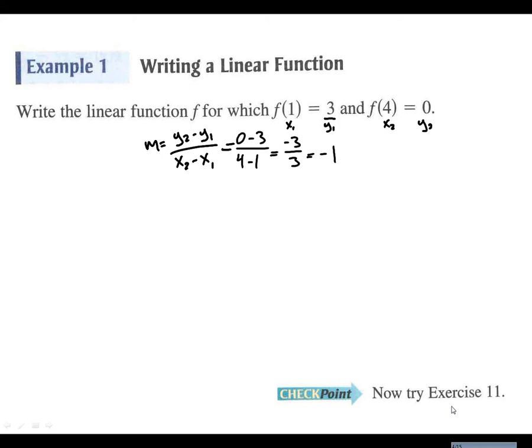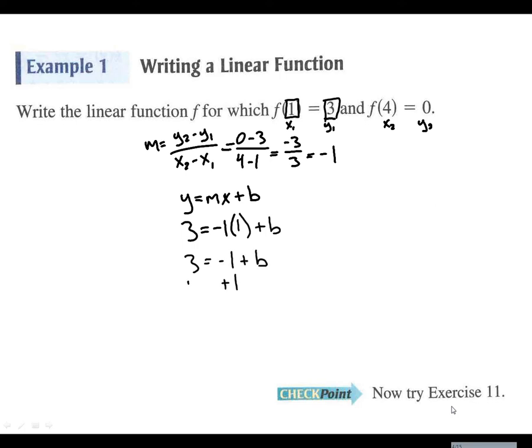We're halfway home. We need to find out what our intercept is. y equals mx plus b. We can use either y number we want. We can use either the 3 or the 0. So let's go ahead and use the 3. We know our slope is negative 1. And since we used 3 for our y number, we must use 1 for our x number. Let's do the algebra.